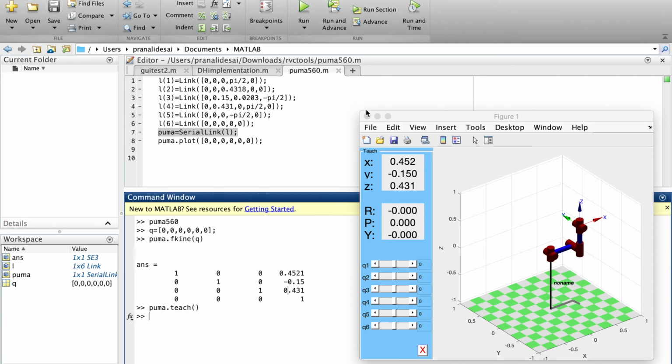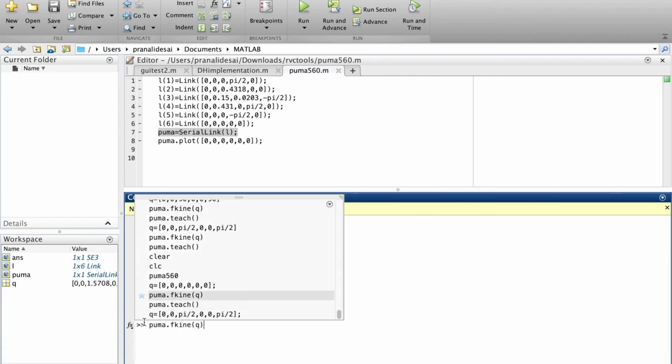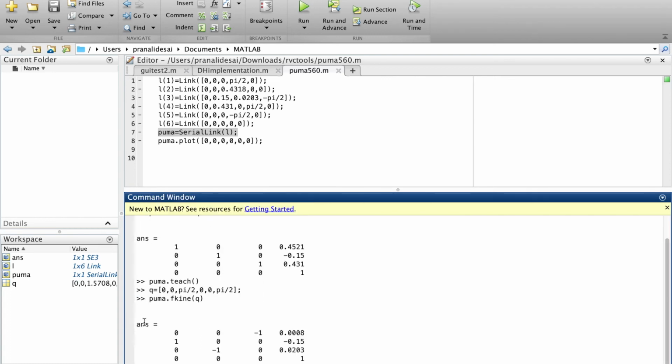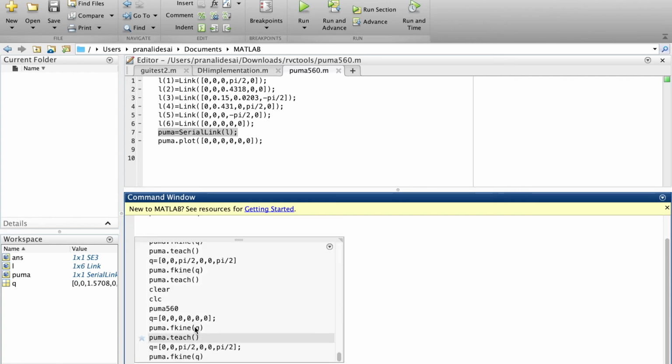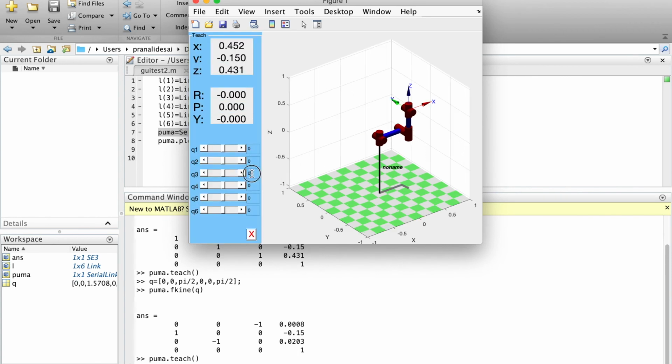Now let's verify with some other angles. We'll do Q equals, now we'll make the third one pi by 2, that is 90 degrees, and the last one as well. Okay, and do Puma.fkine again. Now our angles are these. Once we run puma.teach, we'll feed in the third angle and the last angle as 90 and see.